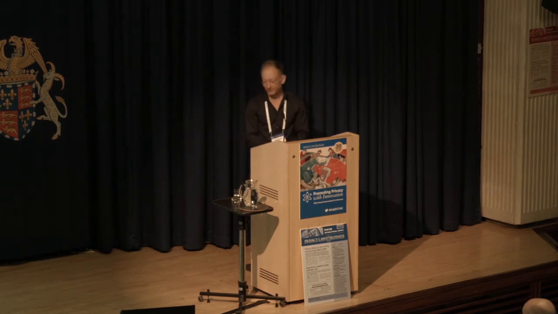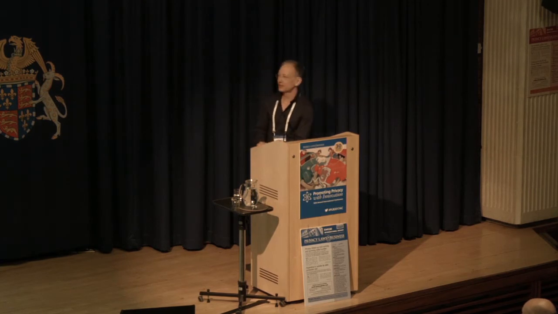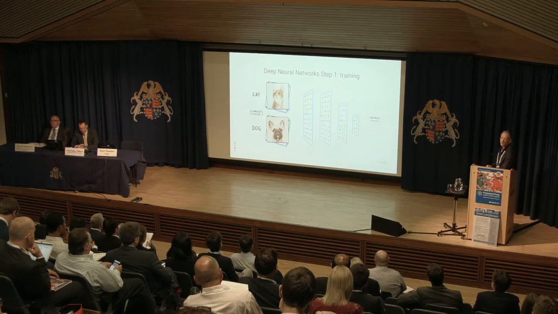And I want to give an example of how the learning takes place. And it's in two steps. First, it's in training, and then the next slide in testing. I'm using this example of cats and dogs and image recognition technology, but you could use any technology to demonstrate this point.